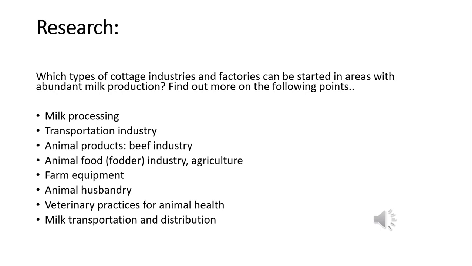These businesses will grow as well, as will industries to make and distribute farm equipment, animal husbandry, veterinary practices to maintain animal health, and milk distribution systems to distribute milk to the customers. These will be the basic industries, factories and businesses which will grow in an area with abundant milk production. Now your job is to find out more details of each of these and improve your understanding and knowledge.